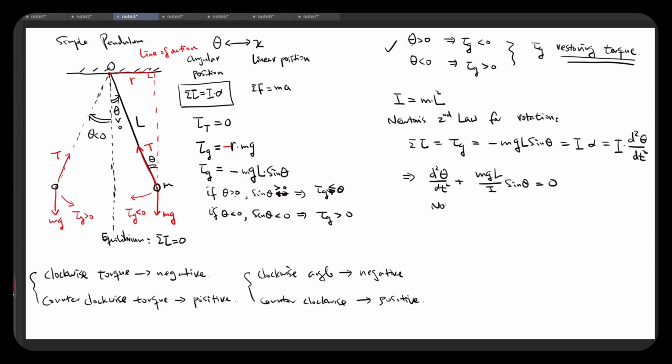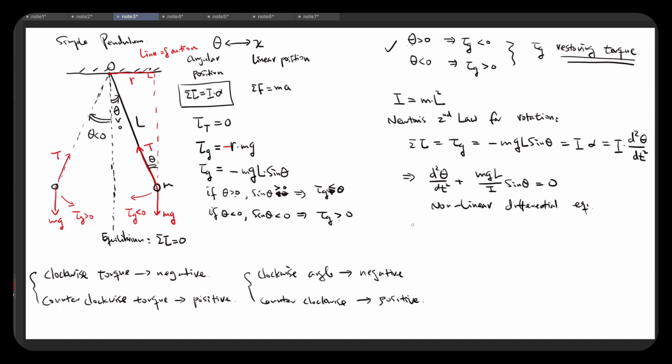So that's a nonlinear differential equation. And we don't have an analytic solution to such a differential equation. So that's why we want to think about some approximation here.